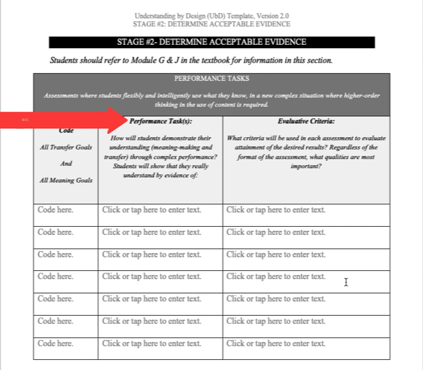An example of a performance task that you may use, for instance, in a math unit, might be: an individual has two part-time jobs, one that pays $7.50 per hour for dog grooming at a pet store, and another that pays $8.25 per hour at a grocery store.